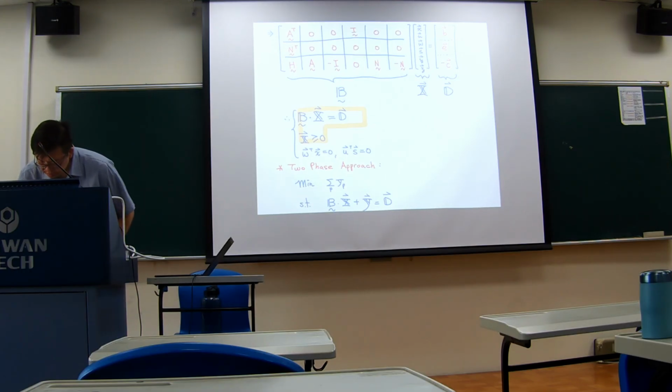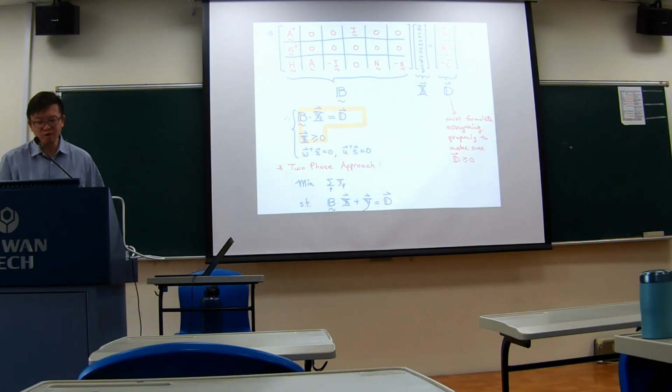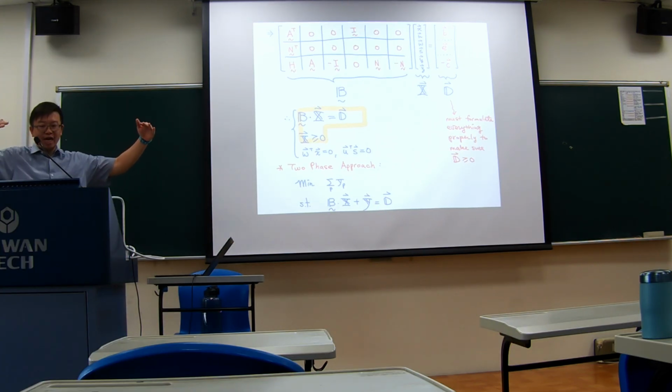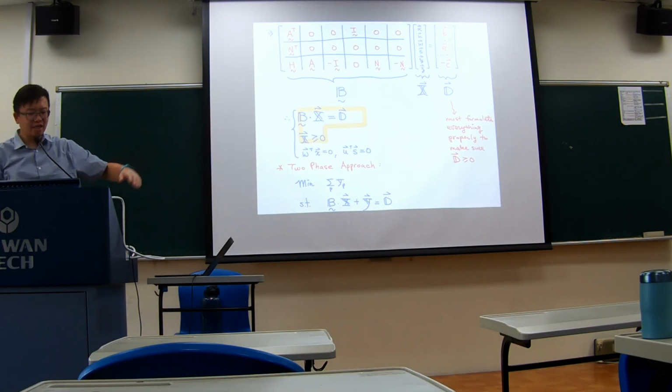So here, we must formulate everything properly to make sure D is positive. Because in linear programming, we want all the coefficients on the right to be positive. If you have one equation that has a negative coefficient, just multiply it by minus 1. Then that particular line settles. Right?